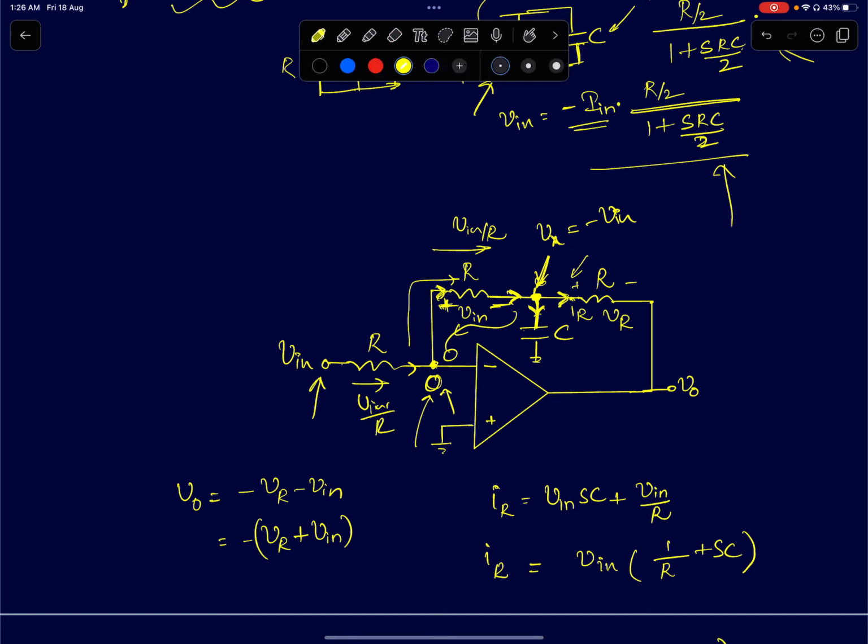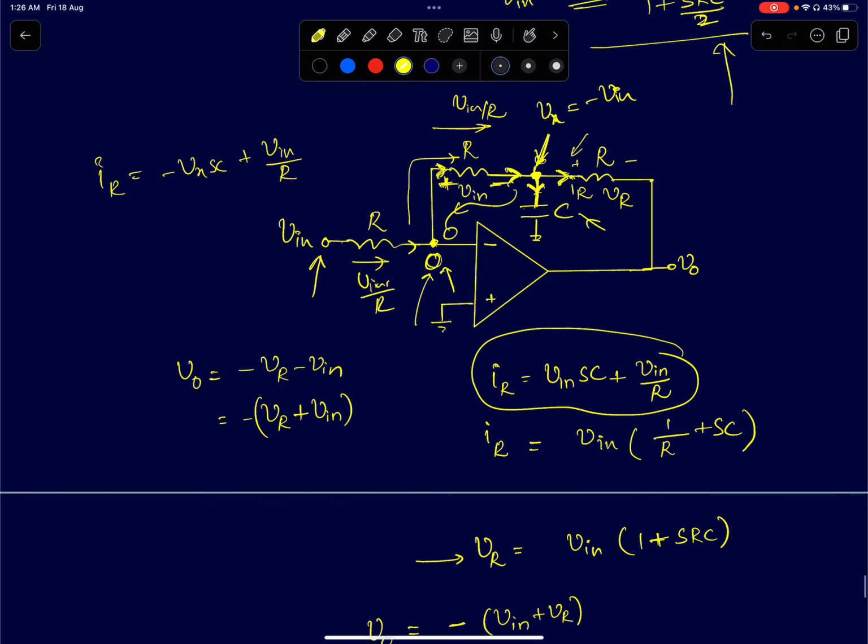I'll just group incoming currents equal to outgoing currents. The outgoing current here is IR and the current through the capacitor. So I'll write IR here, which is what I've shown here. IR here is minus Vx into SC, that's the current going through the capacitor, plus Vn by R. So this is the current flowing through the resistor.